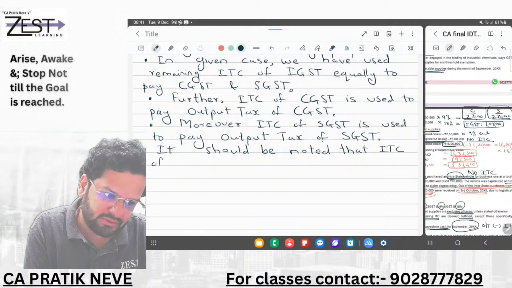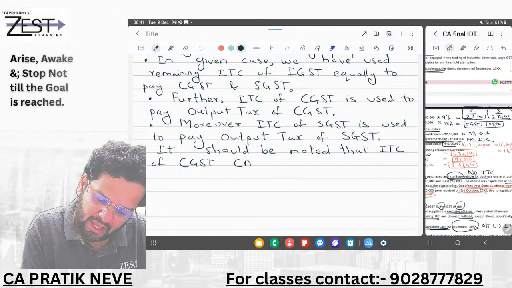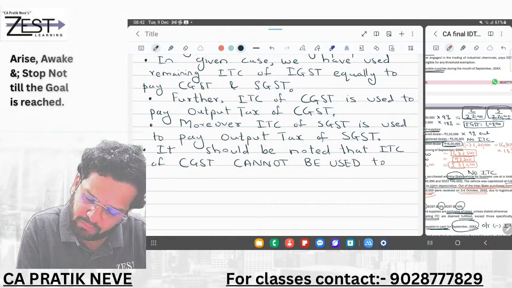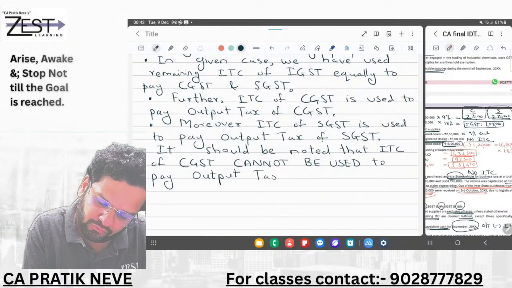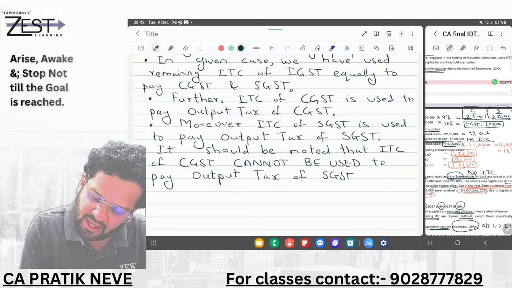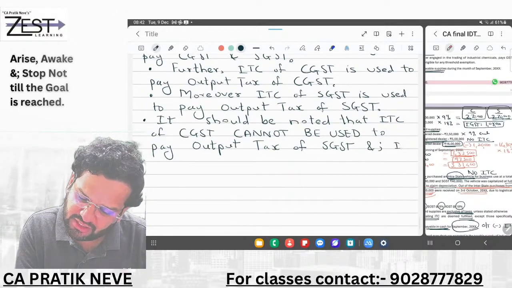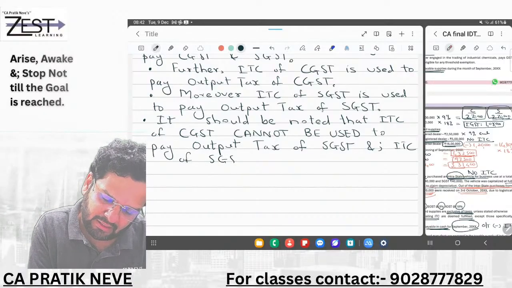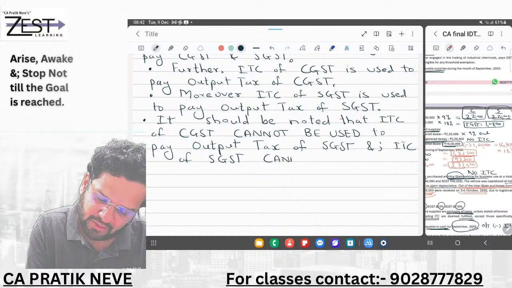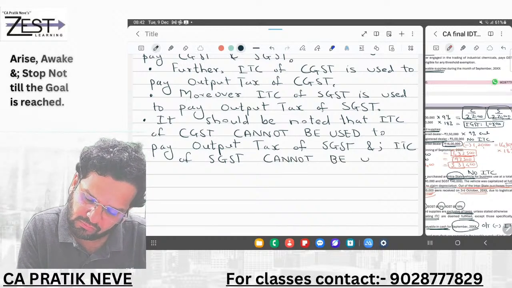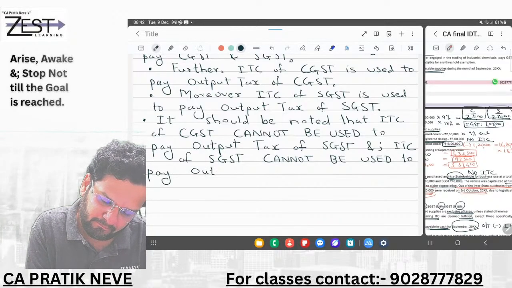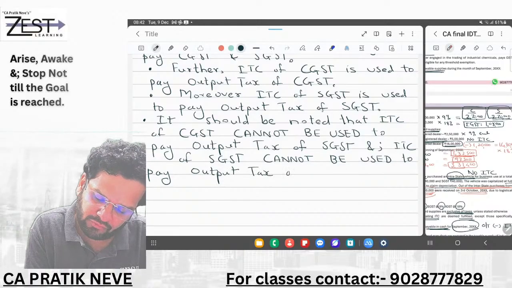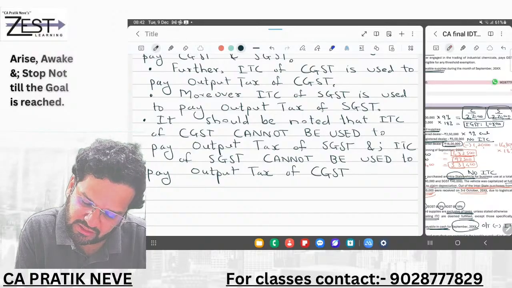ITC of CGST cannot be used to pay output tax of SGST, and ITC of SGST cannot be used to pay output tax of CGST.